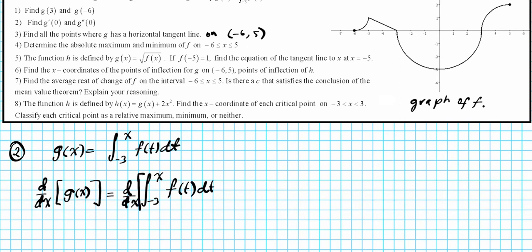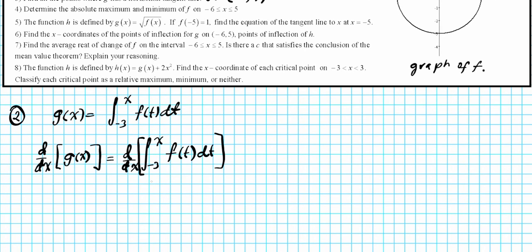So using FTC part 1, remember what you do: this derivative cancels with an integral, you plug in this variable into your function, and you multiply the function by the derivative of your upper limit, which is going to be 1. So this is simply going to be f of x.